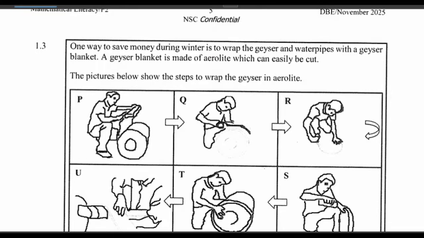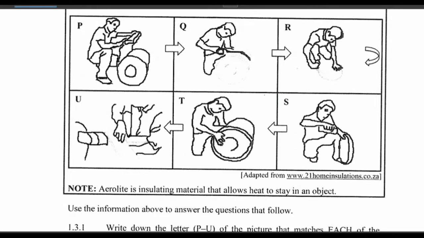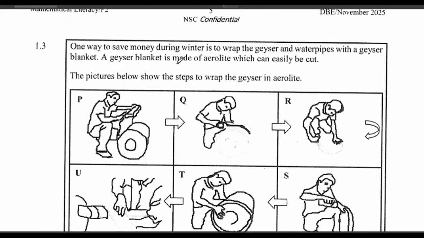One way to save money during winter is to wrap the geyser and the water pipes with a geyser blanket. A geyser blanket is made of aerolite which can easily be cut.